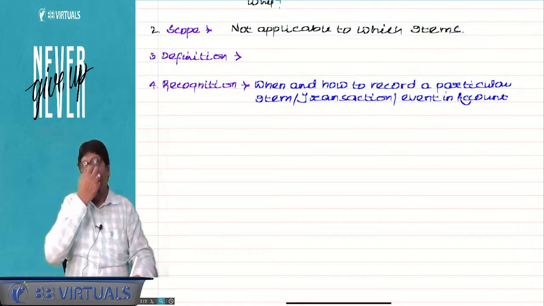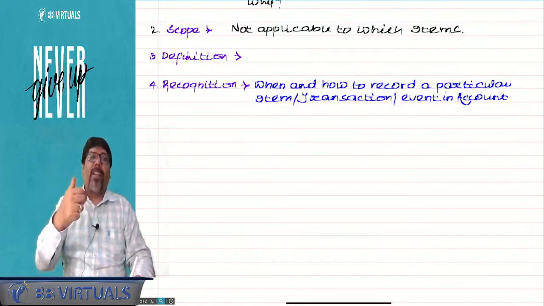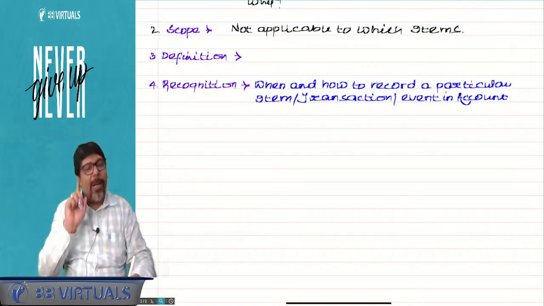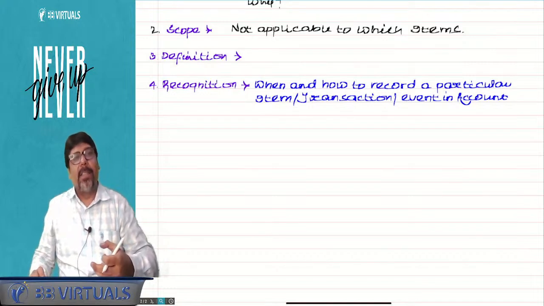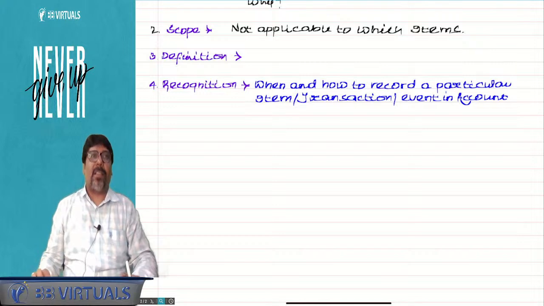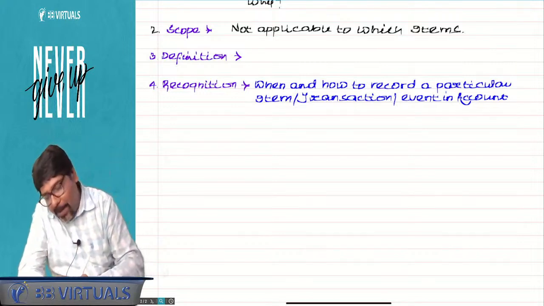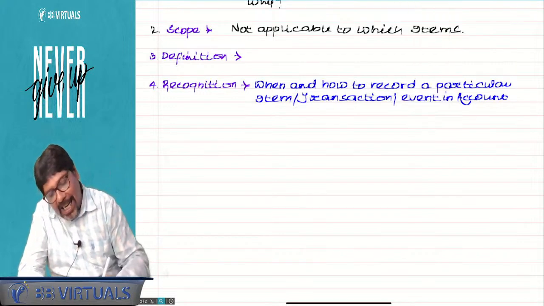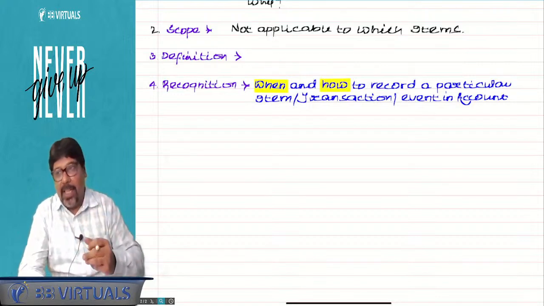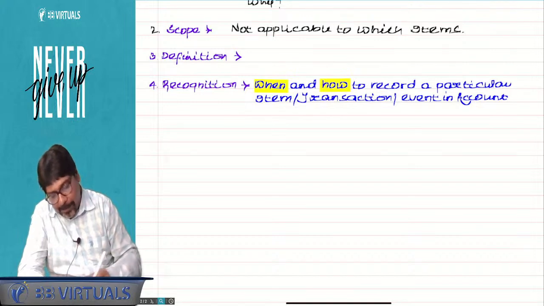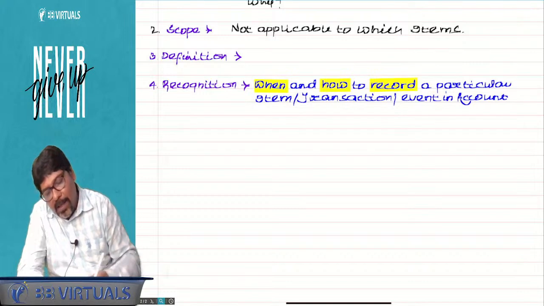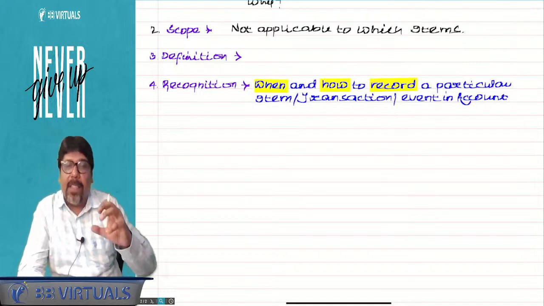So when I say now, how will you record this? Bad English. How will you recognize this? Good English. What is, how will you show depreciation? How will you recognize depreciation? Okay. So when means criteria. How means journal and ledger. When and how to record.